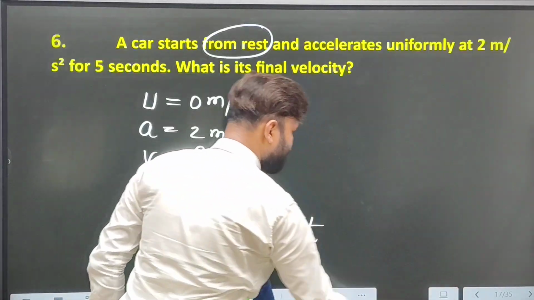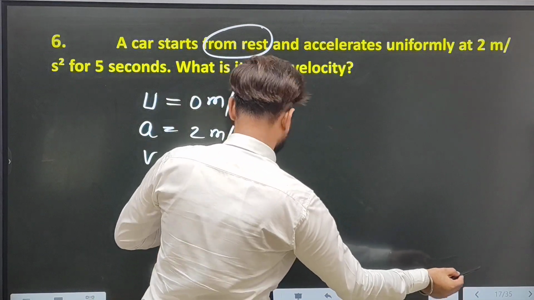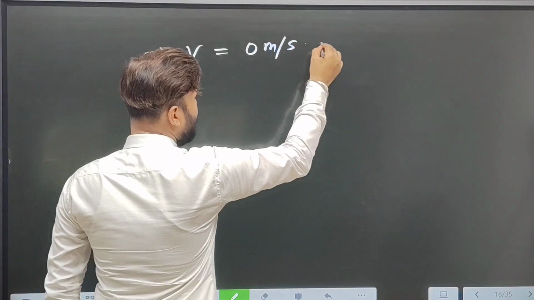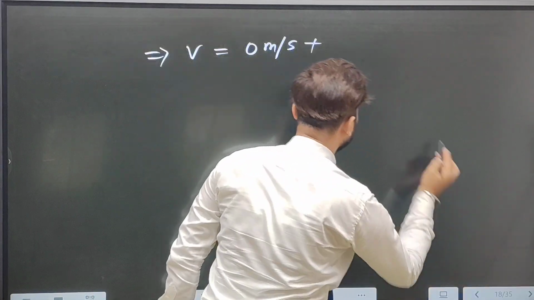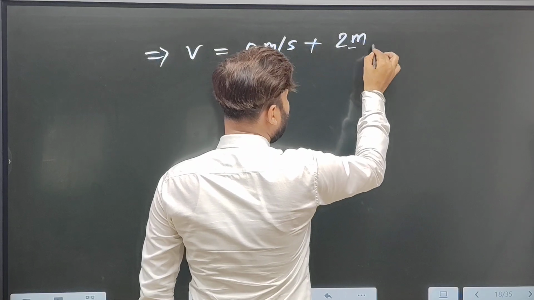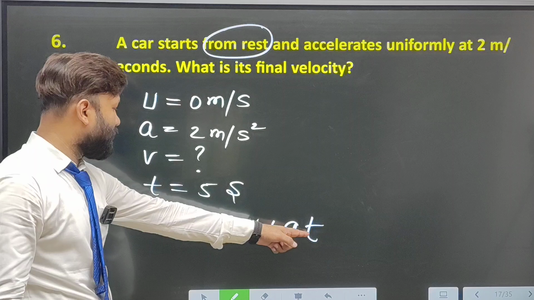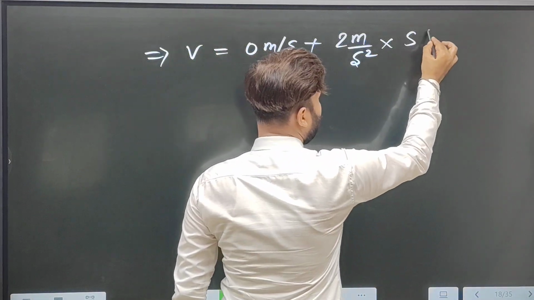U is how much? 0 meter per second. A is 2 meter per second square. And time is given how much? In place of t we have to write 5 seconds.